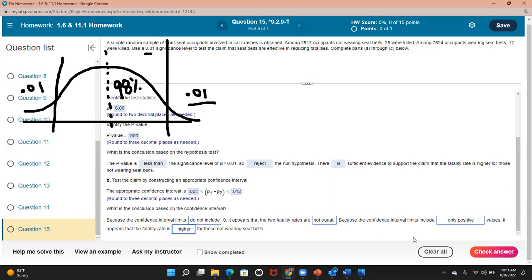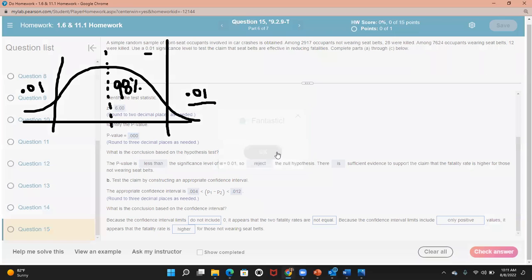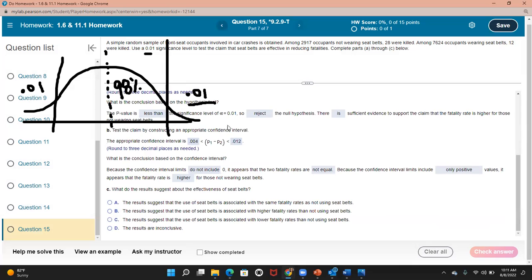This interpretation one feels a little easier than the one we had the other day, where it was annoying because out of 1,000 people, they were looking for a right tail test. But what do the results suggest about the effectiveness of seatbelts? The results suggest that the use of seatbelts is associated with the same fatality rates as not using seatbelts. No. The results suggest that the use of seatbelts is associated with higher fatality rates than not using seatbelts.